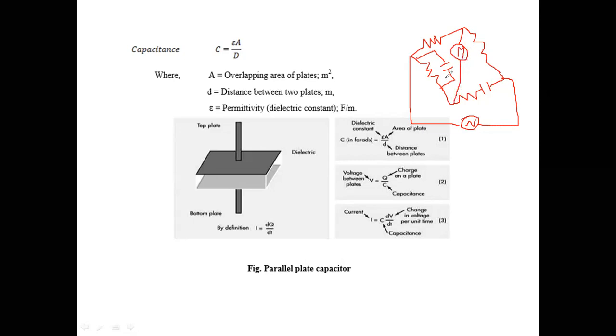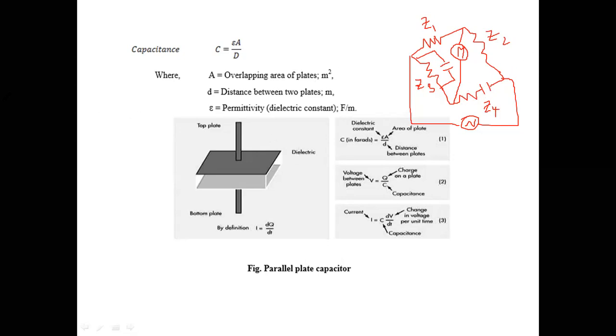So let us suppose this is the bridge circuit. Okay, and the impedance here I call Z1, here Z2, the impedance of this branch Z3, and the impedance of this RC branch I call Z4.